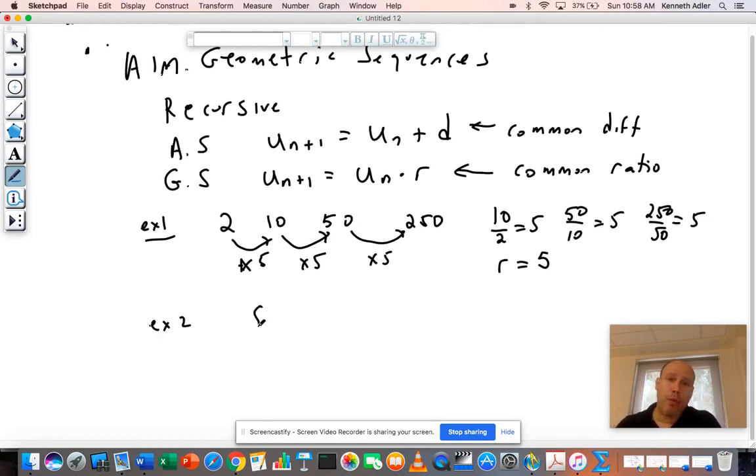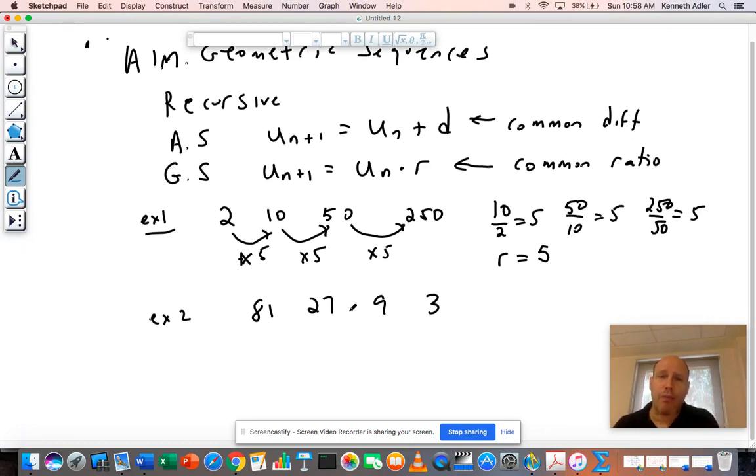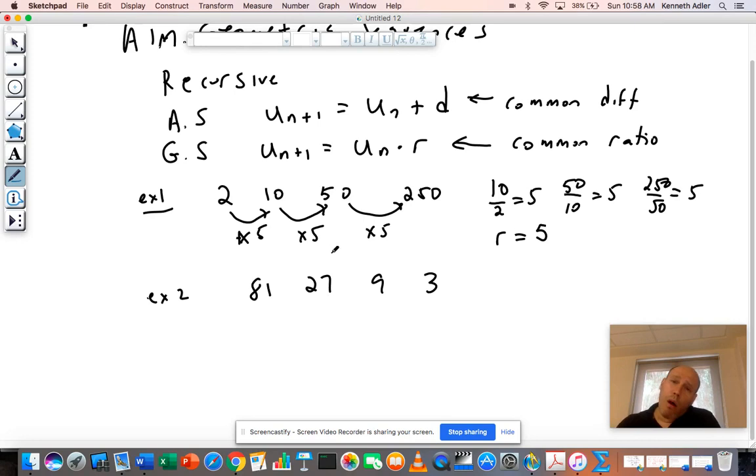Let's look at another example. I might say 81, 27, 9, 3. You might say, oh, Mr. Adler, I recognize it. Well, maybe you don't recognize it, and you're not really sure what the common ratio is, so let's do the fancy way. Let's see u of n plus 1 divided by u of n.